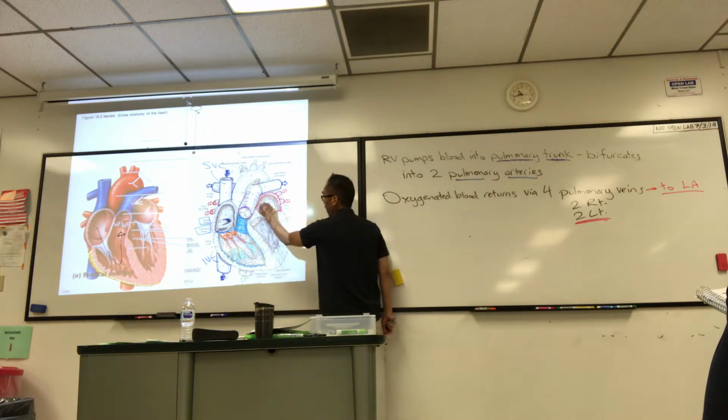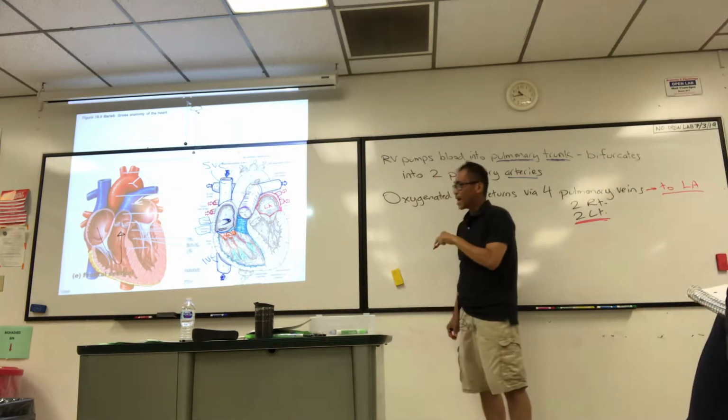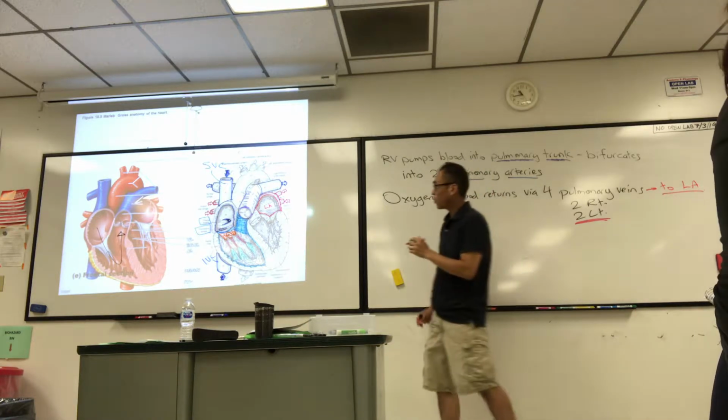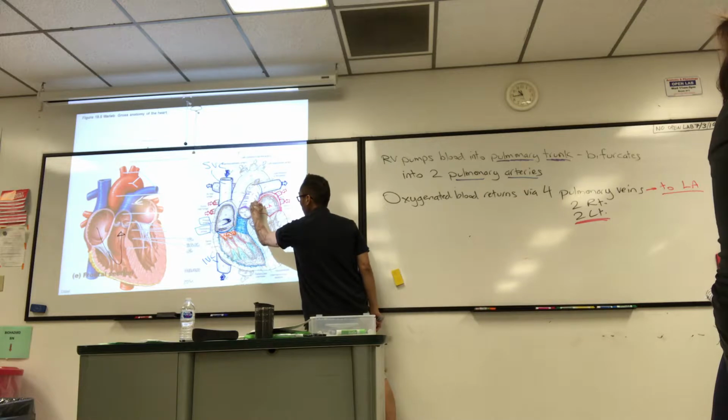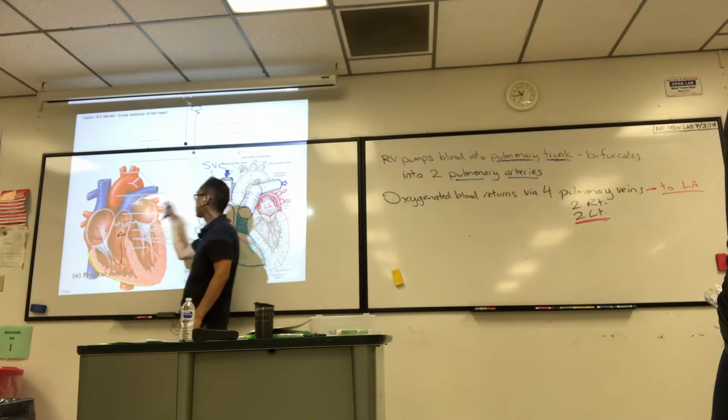Okay, so I'll put LA right here. And if you look inside the left atrium, you can even see the orifices for 4 pulmonary veins. I'll just kind of draw like little red circles here. You can see them here illustrated on the picture.